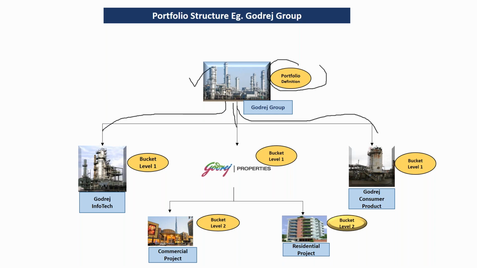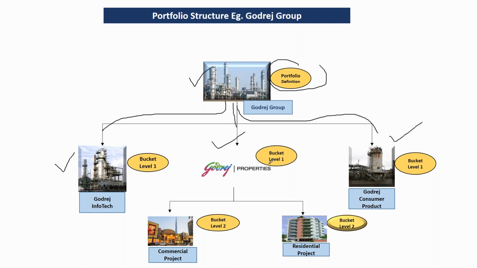In this example I have created multiple buckets at level 1. Godrej Infotech is level 1, Godrej Properties is also level 1, and Godrej Consumer Products is also level 1.